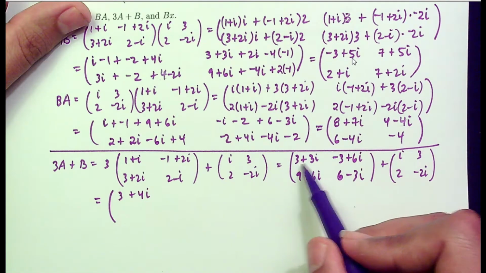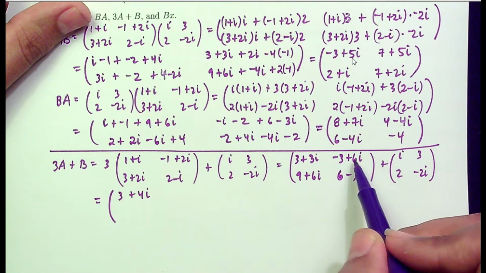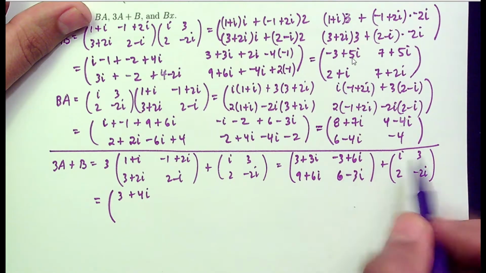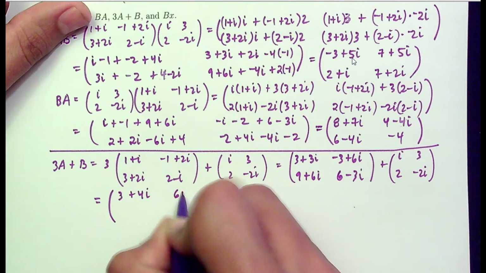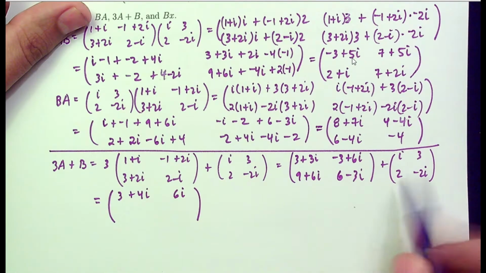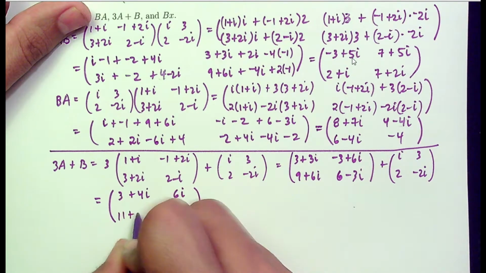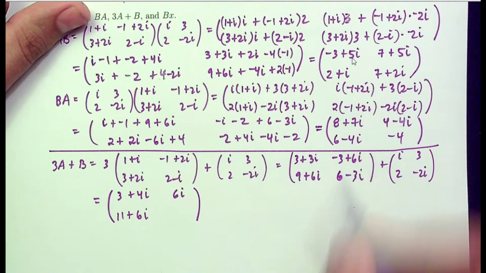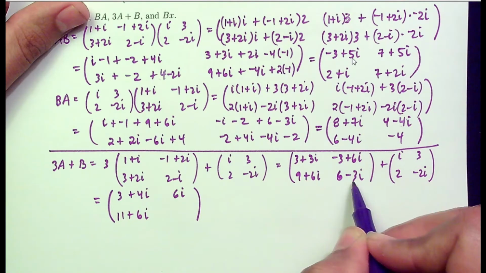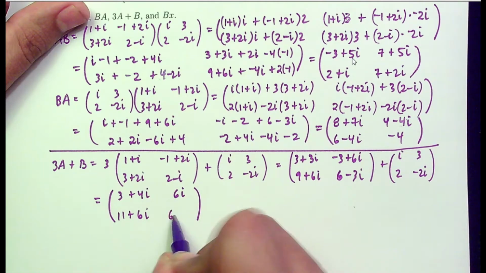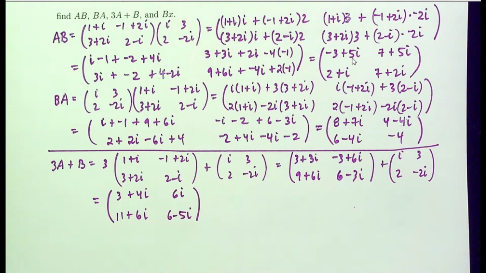Then upper right corner with upper right corner, negative 3 plus 6i plus 3, that would be just 6i. 9 plus 6i plus 2 would be 11 plus 6i. And then lastly, 6 minus 3i and negative 2i, that would be 6 minus 5i. And that would be the answer for that.